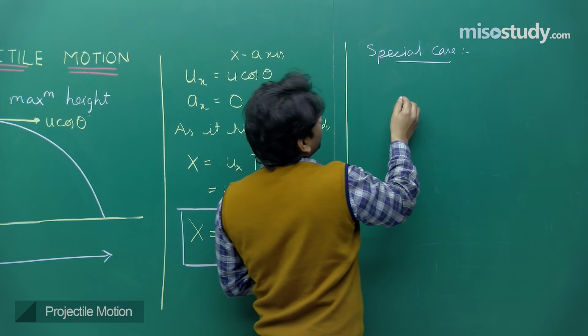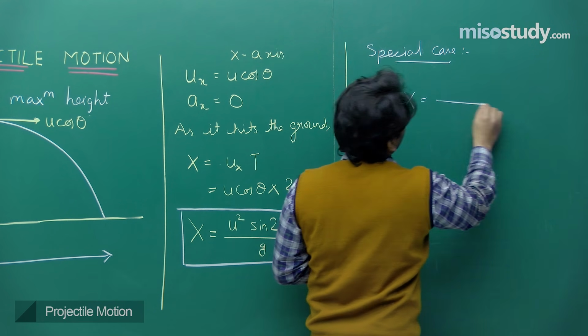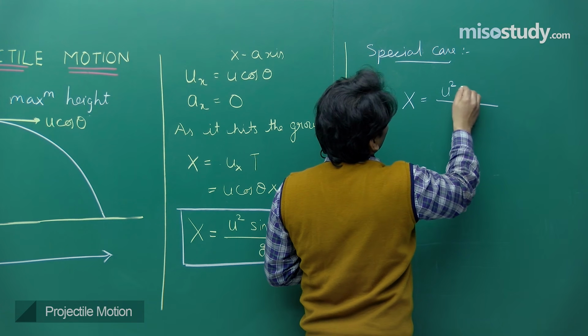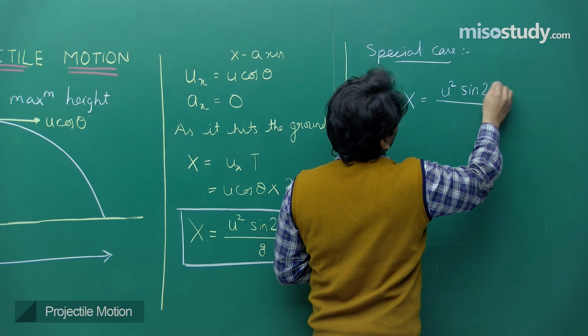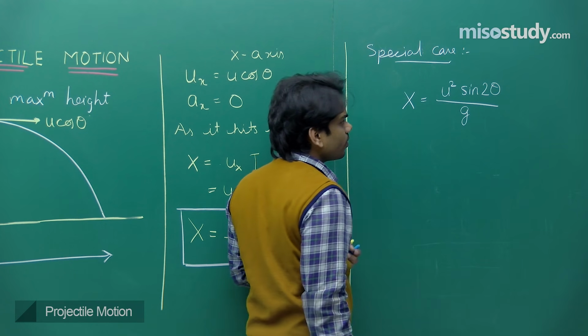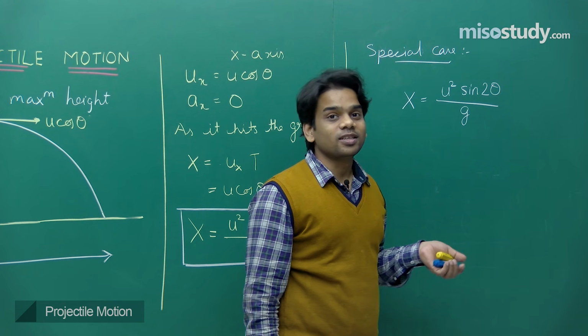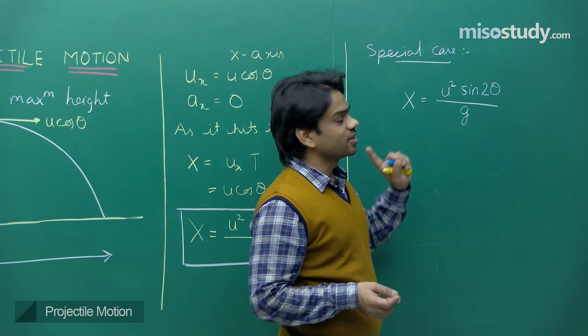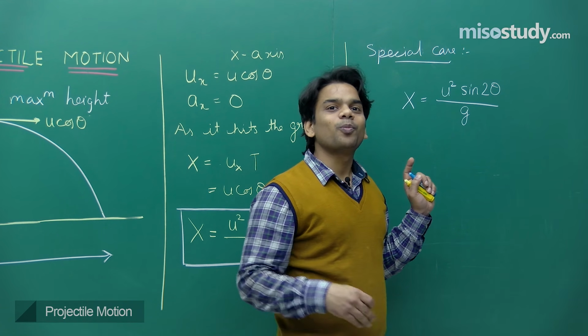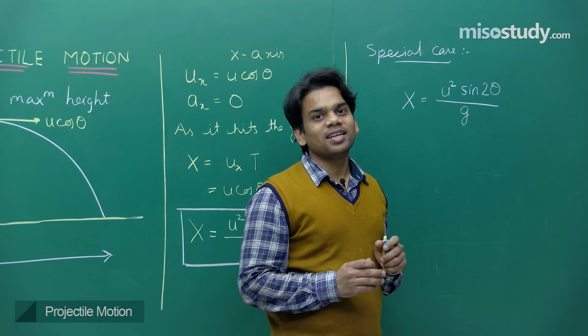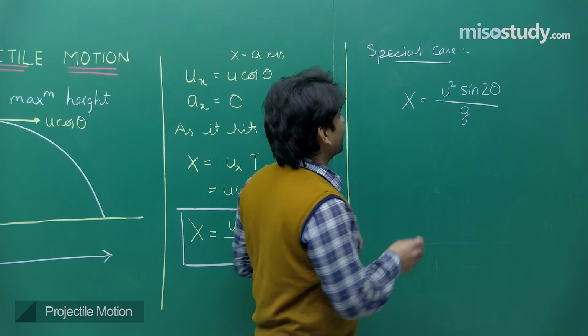Range is given as capital X, equal to U square sin 2 theta by g. Suppose you are projecting the particle at angle theta, you will get this range. Now suppose you project at some other angle, let's say theta 1, and theta 1 is equal to 90 minus theta.